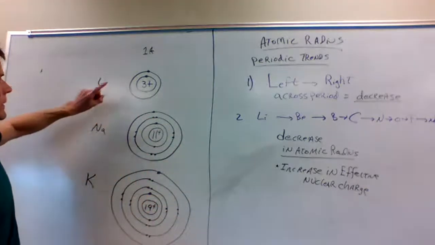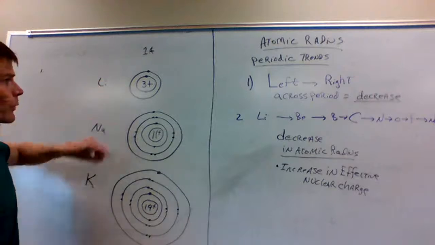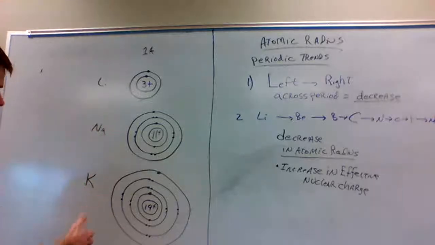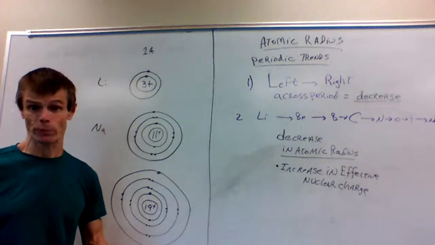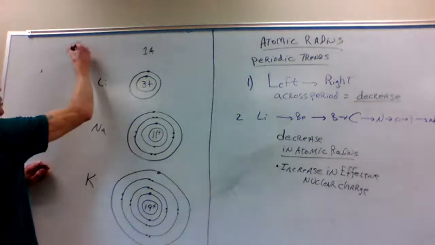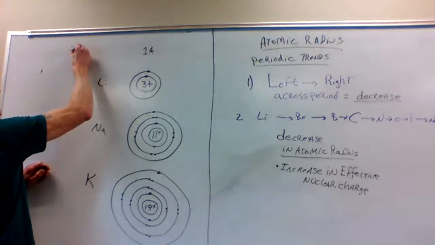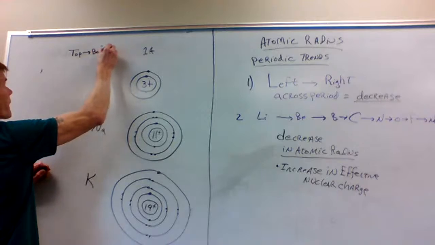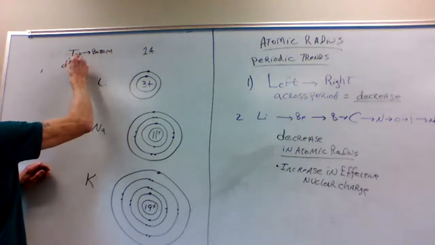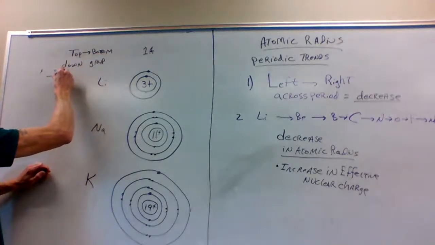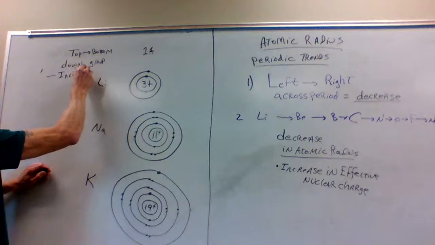And what we get is an increase in atomic radius going from top to bottom down a group, because what we're doing is we're adding valence electrons to a larger principal energy level or to a larger shell. So down a group from top to bottom, we see an increase in atomic radius.